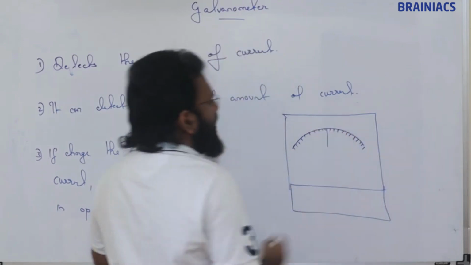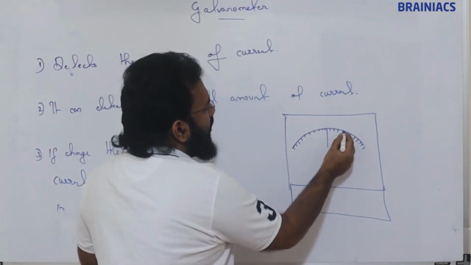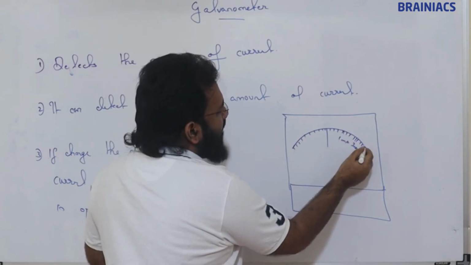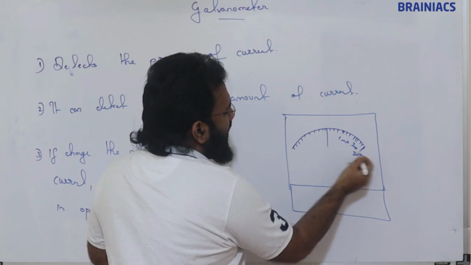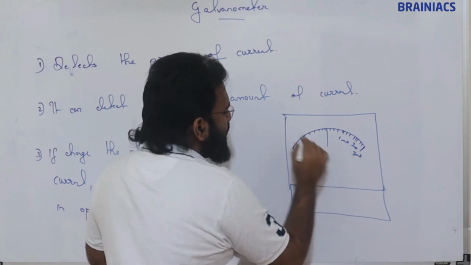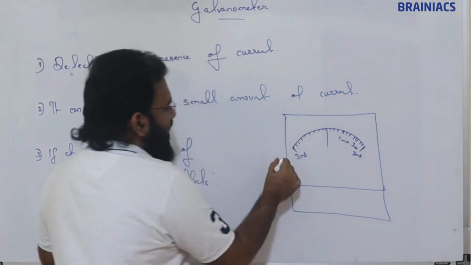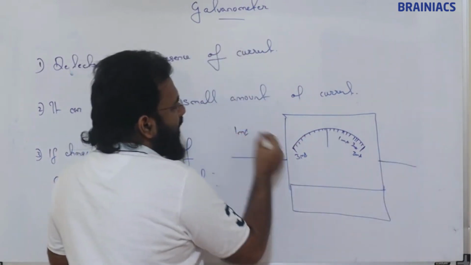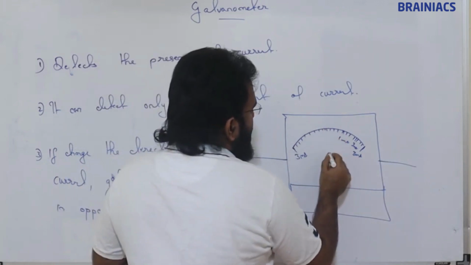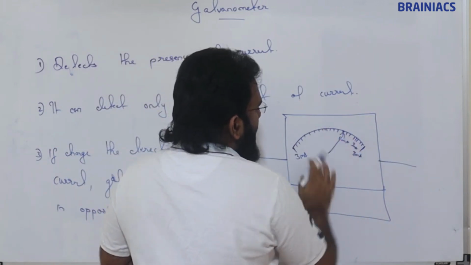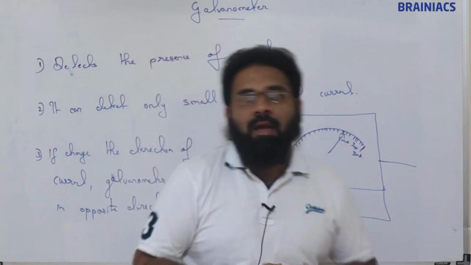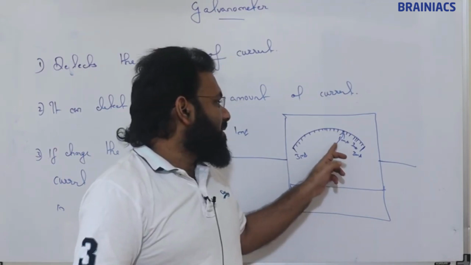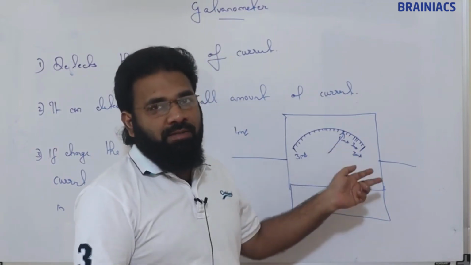Now suppose we have 1 milliampere, 2 milliampere, maximum here 3 milliampere. Now suppose we pass 1 milliampere, this will start showing like this. Galvanometer will not measure current. What I have written is for your understanding.